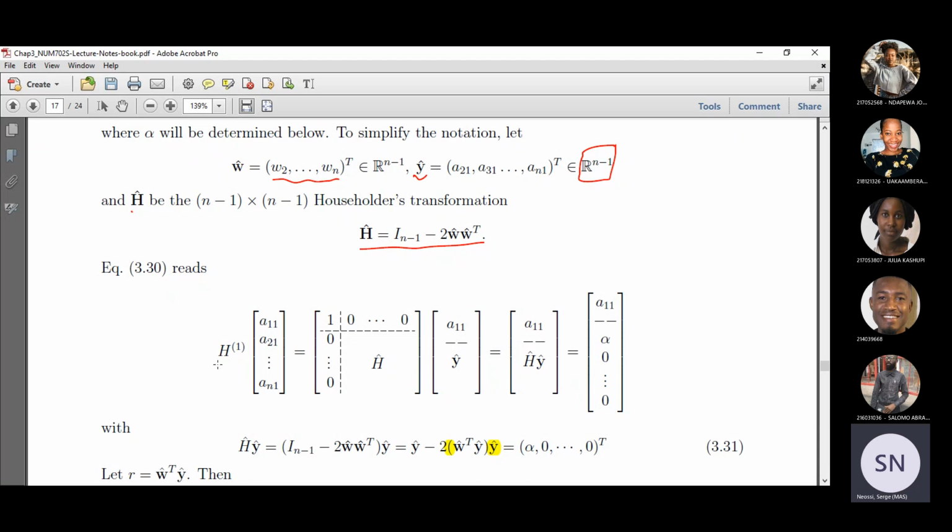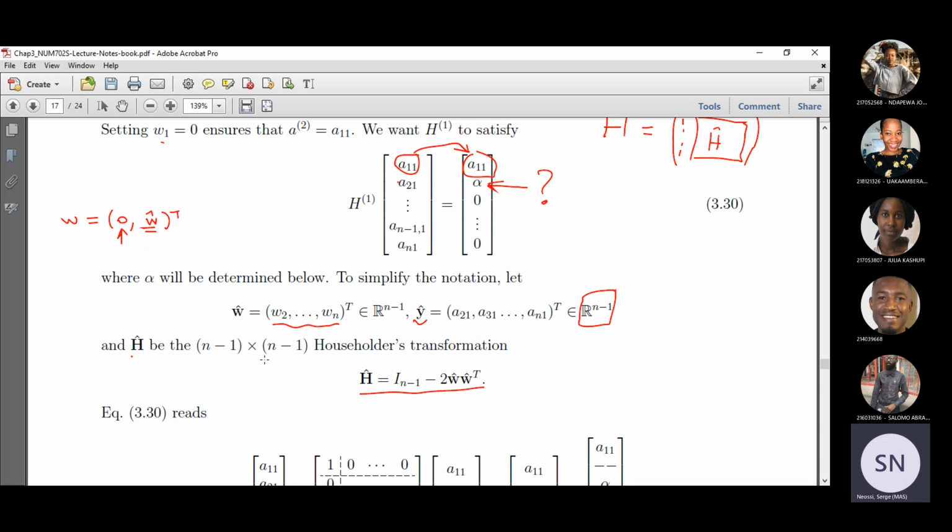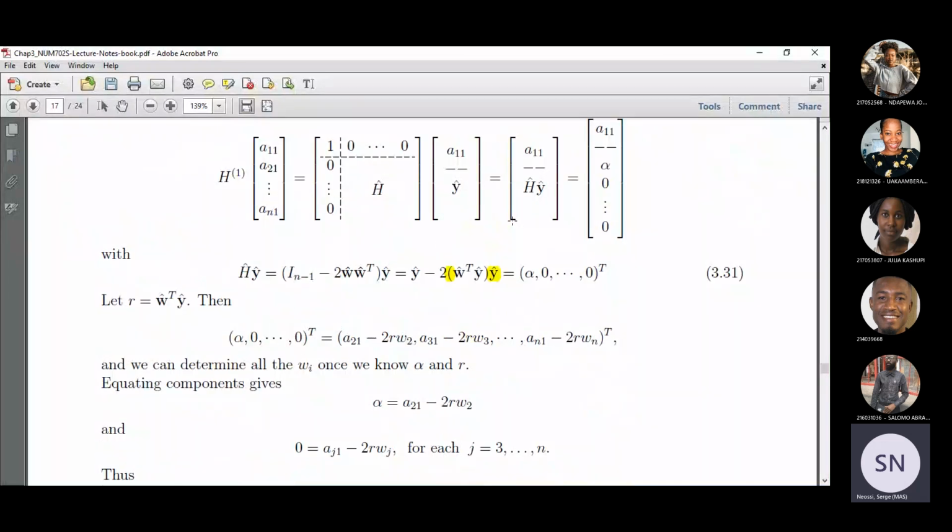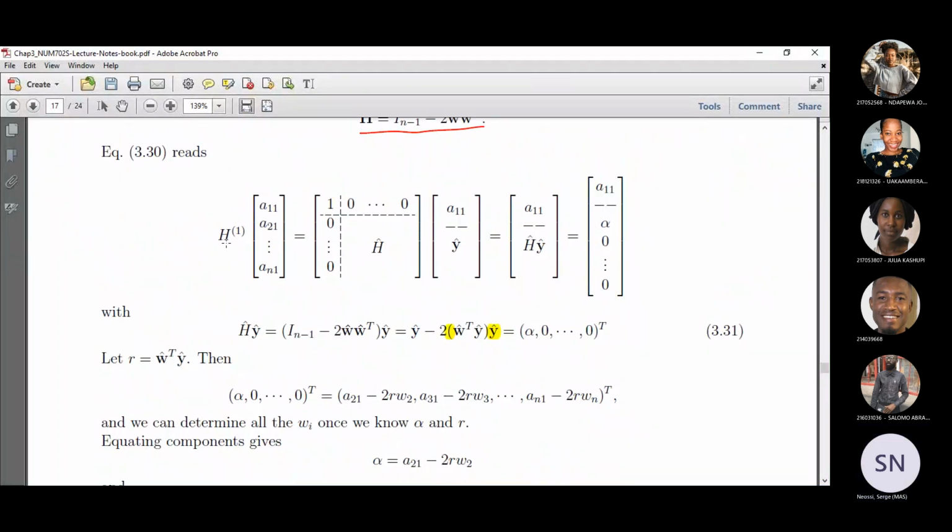And now you can see that this matrix vector multiplication, because remember that's what we want here, because we are rewriting this. H1 times this first column of the matrix A is the same as this. So if we multiply, you remember matrix vector multiplication.